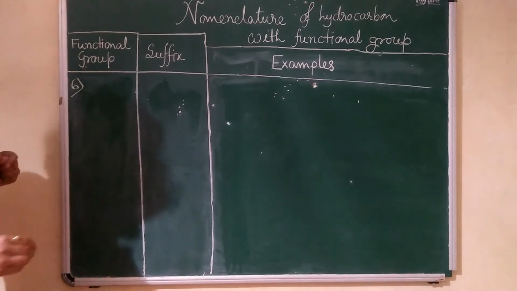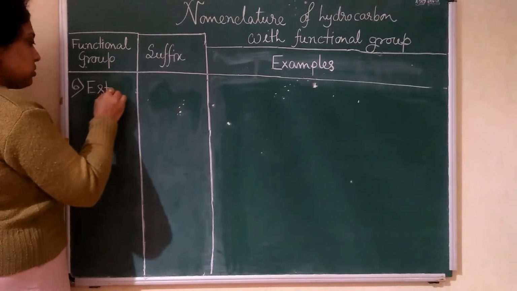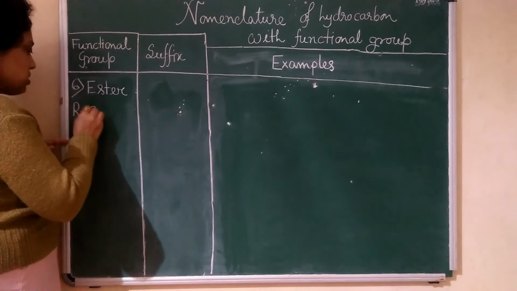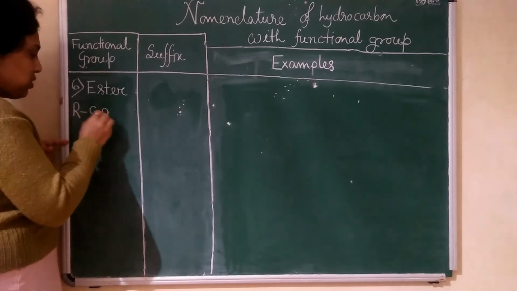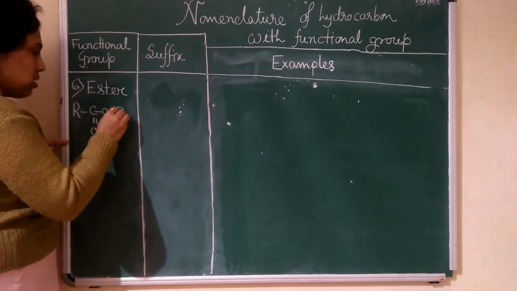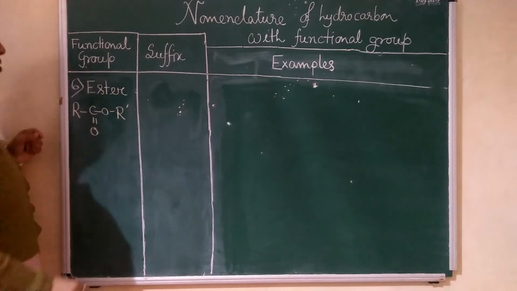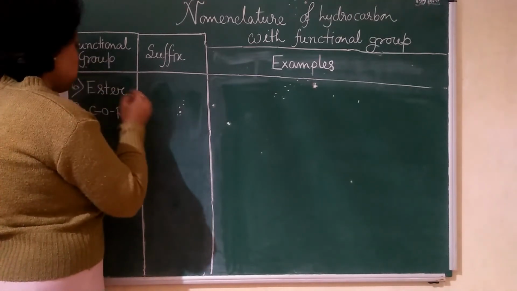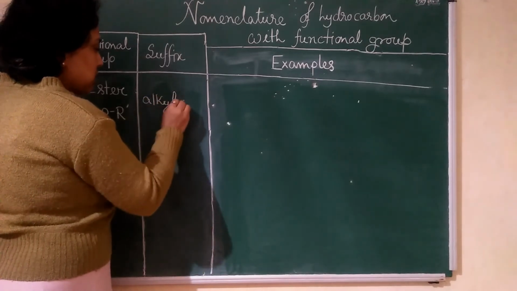Next one is ester. What is the structure? RCOO, and in between, on both sides, a carbon chain. The name is alkyl alkanoate.